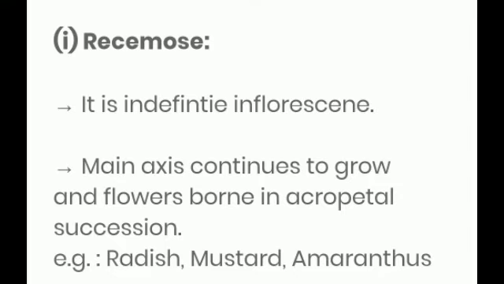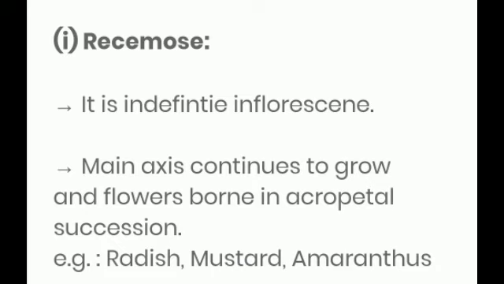Now, racemose. In racemose the peduncle is elongated and the flowers are pedicellate. In some plants, racemose is branched and it is known as panicle. We can take the example of oats.